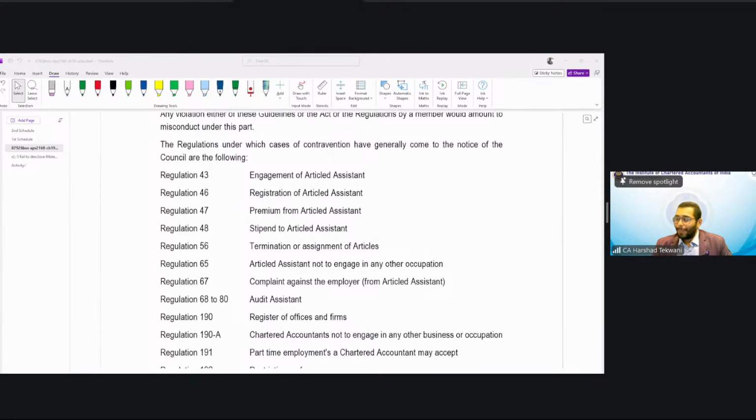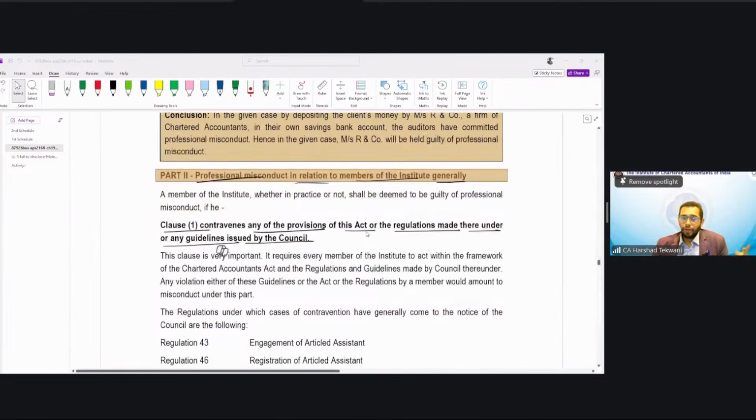But if you have appropriate information about the scenario, where he was not supposed to train an article assistant and he was still training, you have a definite answer for that, which is a violation of the regulation. In that particular case, you can apply this clause 1. There is a contravention of the regulations or the guidelines issued by the council, and there is a violation, and accordingly you can apply clause 1 part 2 of the second schedule.